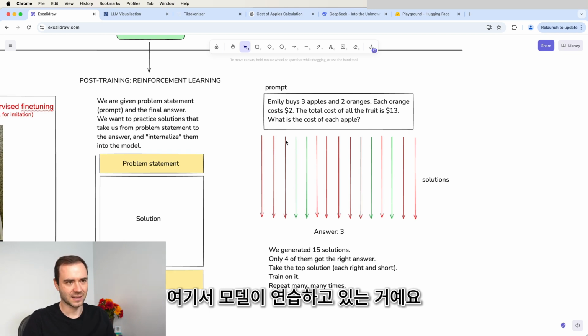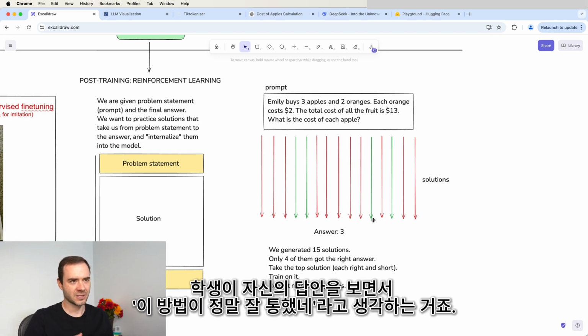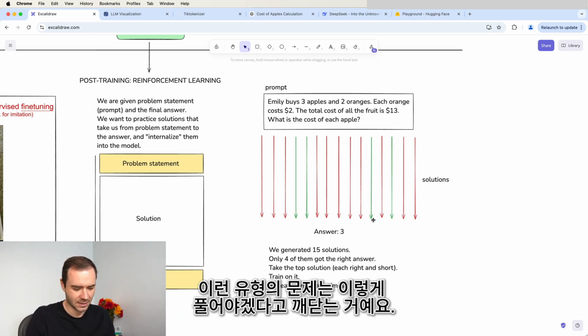So the model is practicing here. It's tried out a few solutions, 4 of them seem to have worked, and now the model will train on them. This corresponds to a student looking at their solutions and being like, okay, this one worked really well, so this is how I should be solving these kinds of problems.